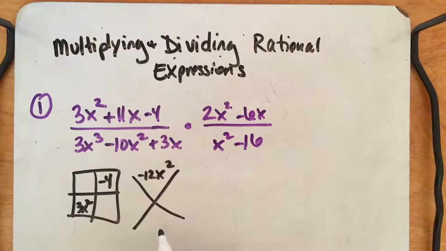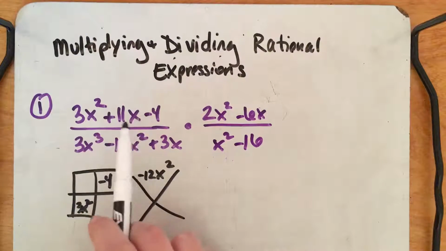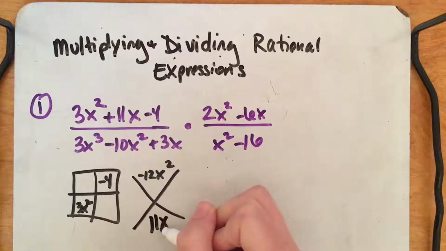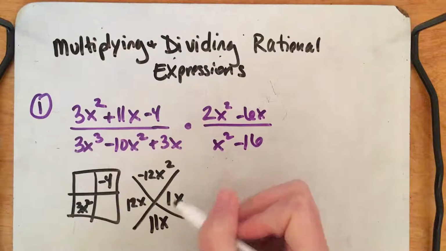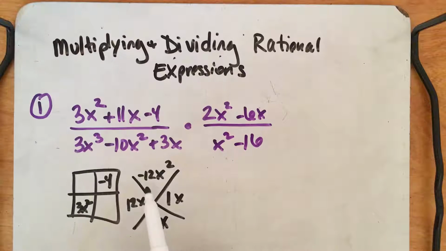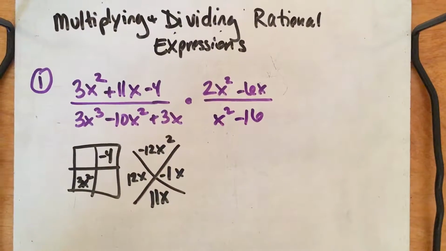And the bottom of my diamond is going to be the middle term, the x term, so 11x down here. So things that can multiply to 12 and get me to 11 when I add, it's probably 12x and 1x. And now one of these needs to be negative in order to multiply back to negative 12. So to make 11 when I add, the 1 needs to be negative. So when I multiply, it still makes negative 12, and when I add them together, it makes 11.